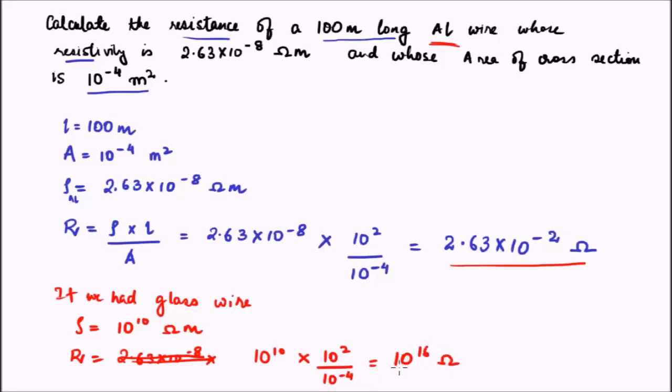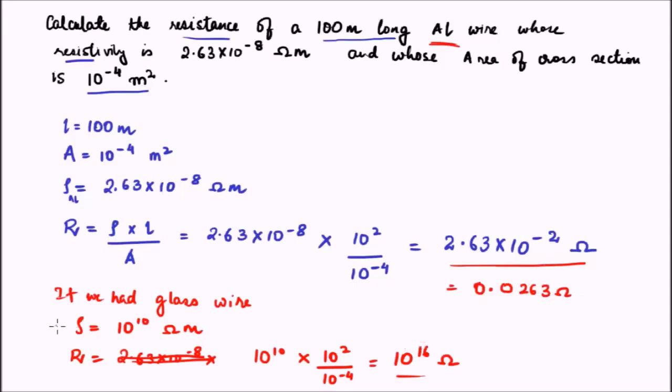This is enormously large, 10 to the power 16, that is 1 with 16 zeros following it, whereas this was, if we remove this, 0.0263 ohm. Just see the order of difference.